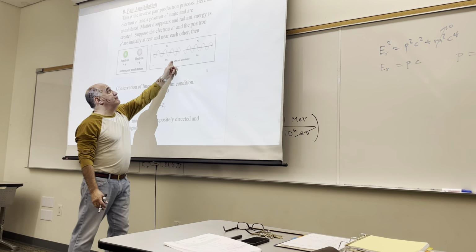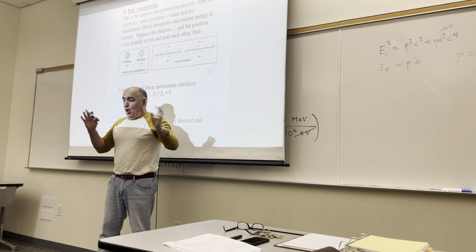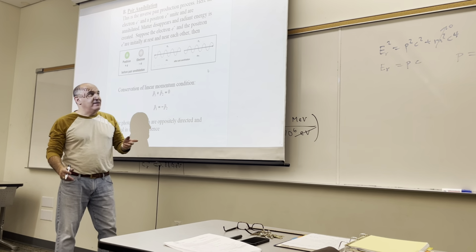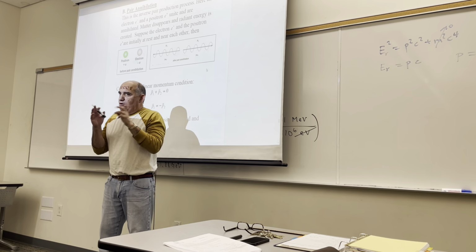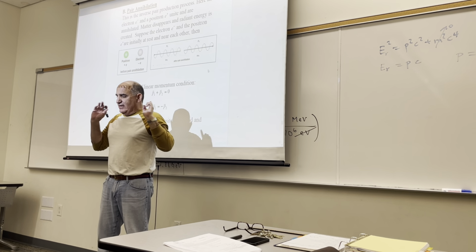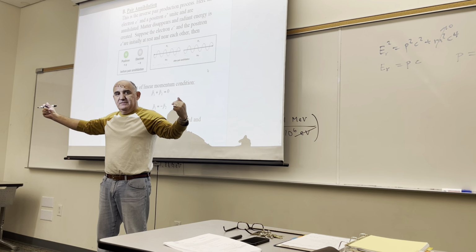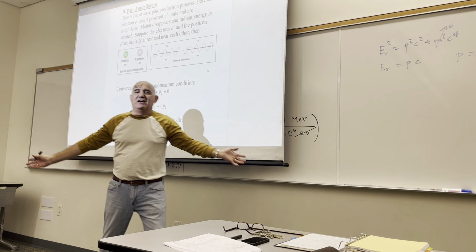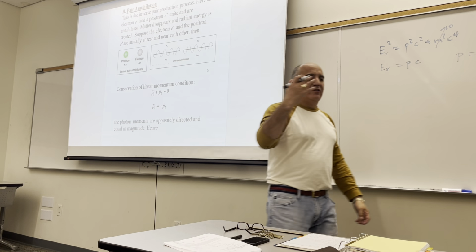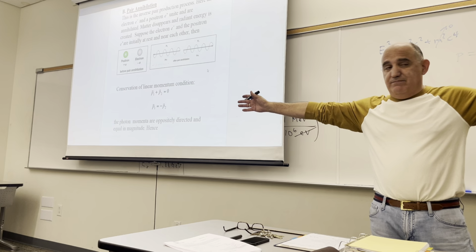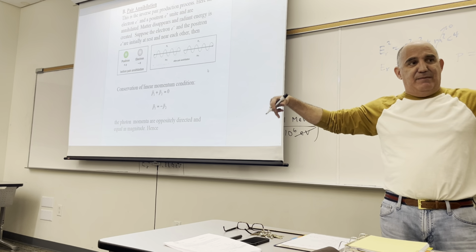Because the two photons must have a total linear momentum of zero, the only way for two vectors to add up to zero is if they point in opposite directions and have the same magnitude.